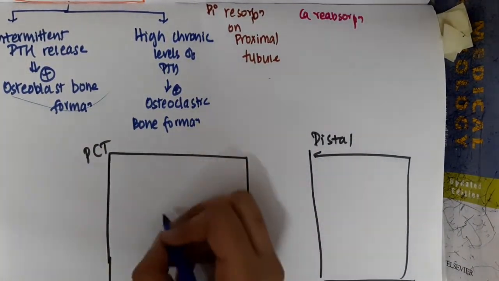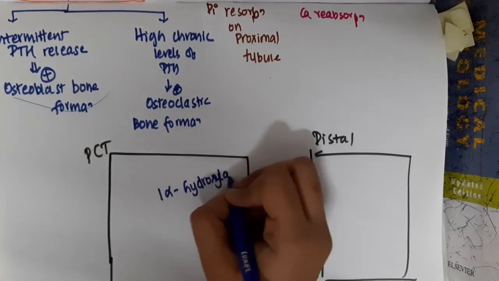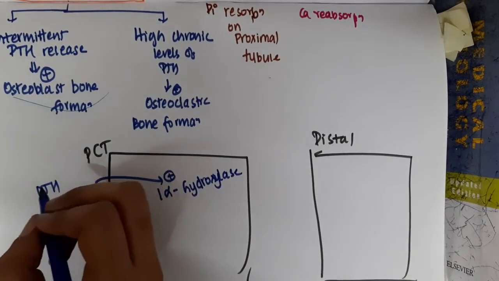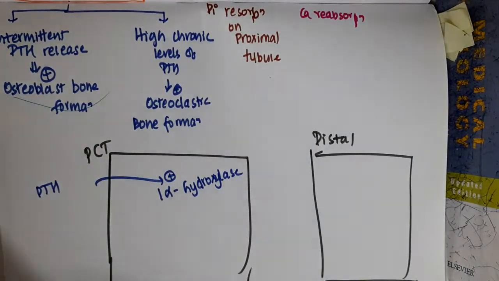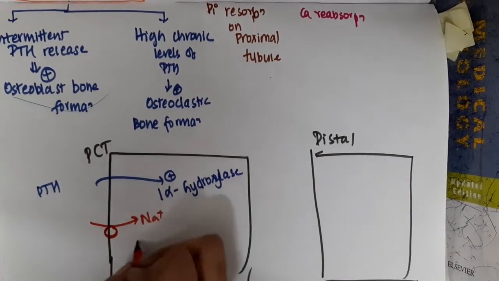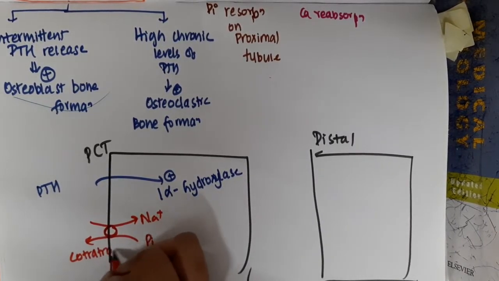In the proximal convoluted tubule, there is an enzyme called 1-alpha hydroxylase. This 1-alpha hydroxylase is activated by parathormone. And here there is a transporter, which is the sodium inorganic phosphate co-transporter.